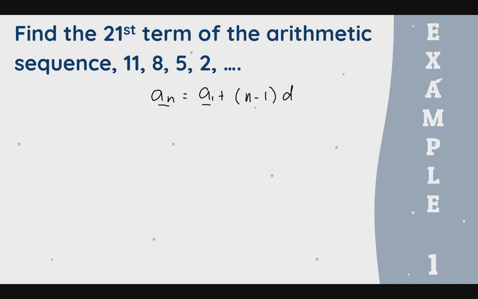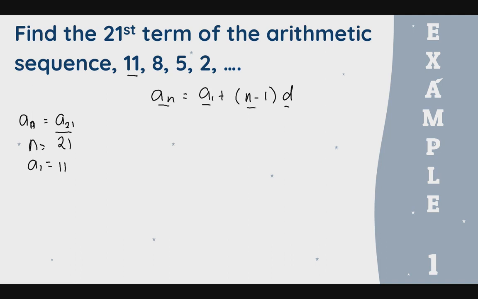We have 4 elements to identify. First, a sub n is a sub 21 because we are looking for the 21st term. So if a sub n is a sub 21, then n is 21. Next, how about our first term denoted by a sub 1? It is very good, 11.